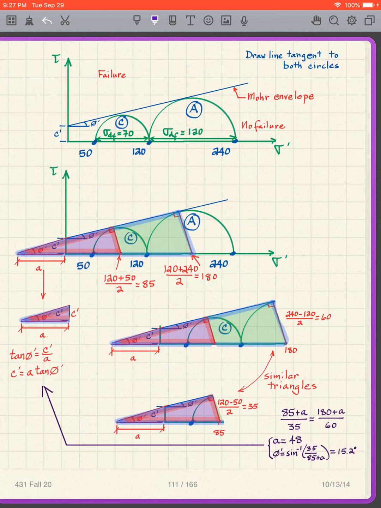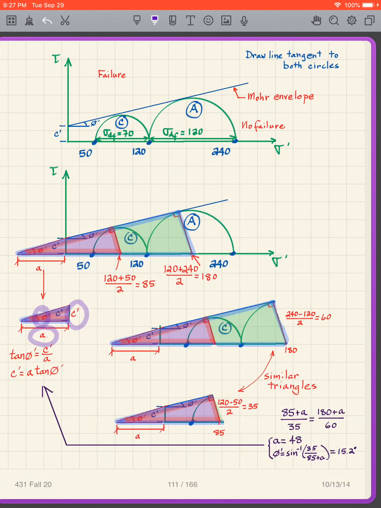Then I'm going to use this little triangle here, if you can see that. Now I've got another triangle here that I'm going to use. I know that this distance is A, that distance is C prime, and that angle is phi prime.